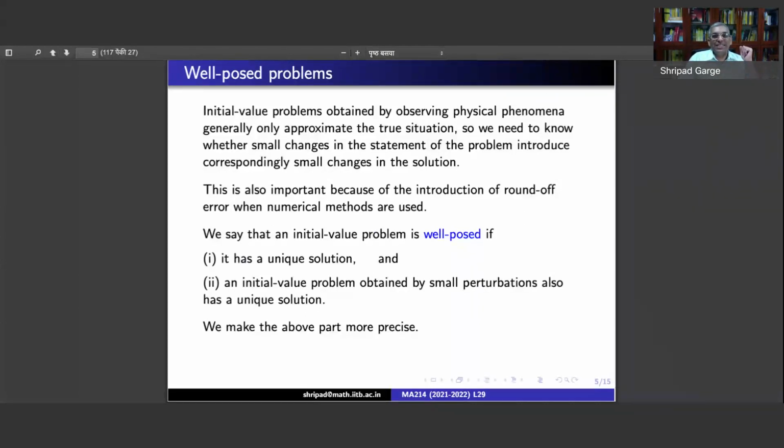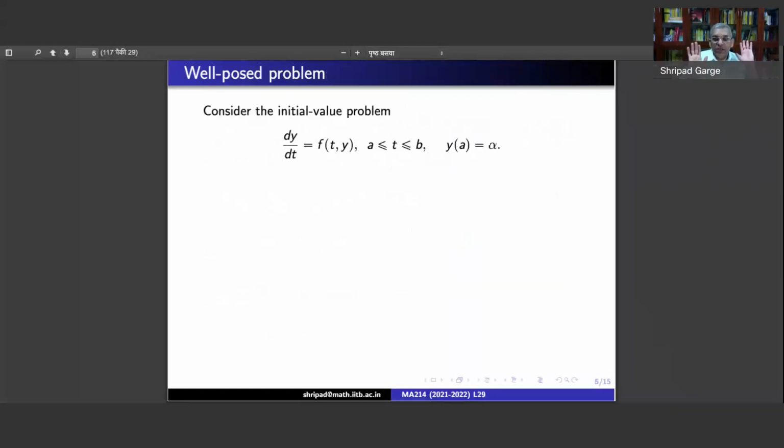This is how we do it. We consider the initial value problem y prime of t, which is also dy by dt, equal to f of t, y, where t varies from a to b, and the initial condition says that y of a is alpha.